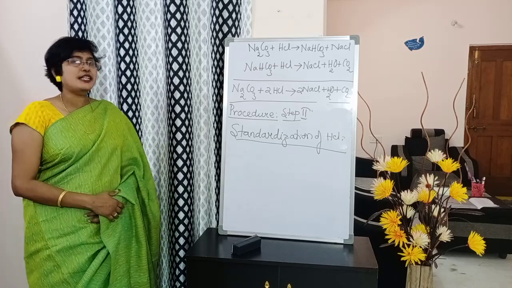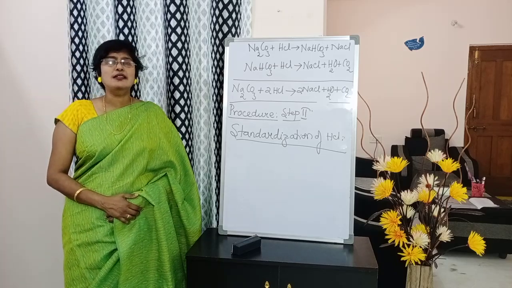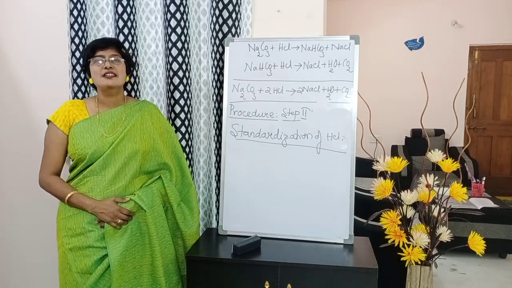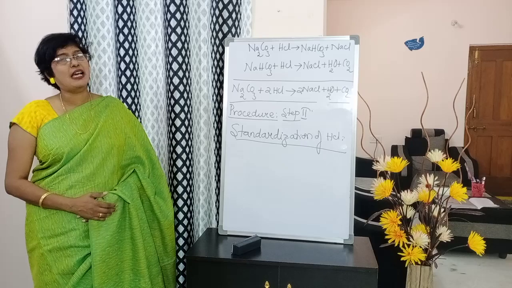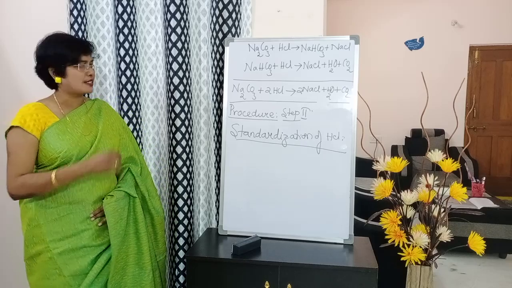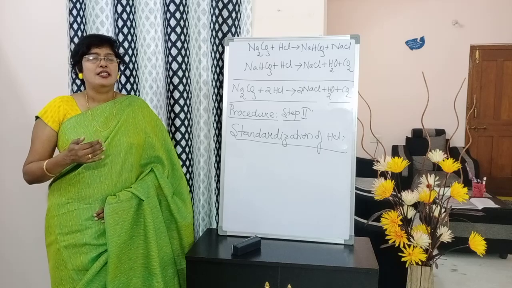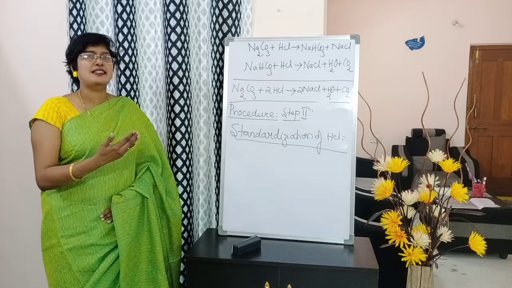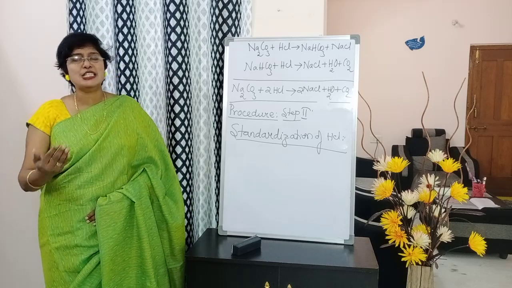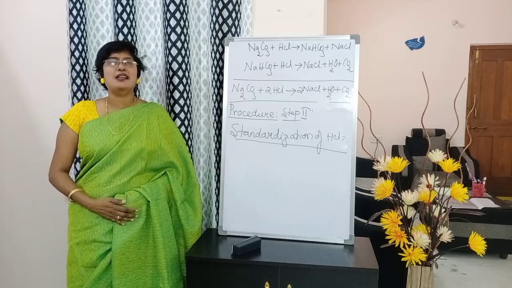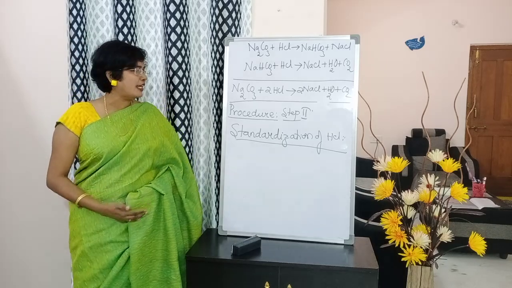So the concentration of HCl will be known from the standard Na2CO3 solution like we have done in the previous experiment. This standardized HCl, we use it for the estimation of carbonate and bicarbonate in the given unknown solution. Okay.